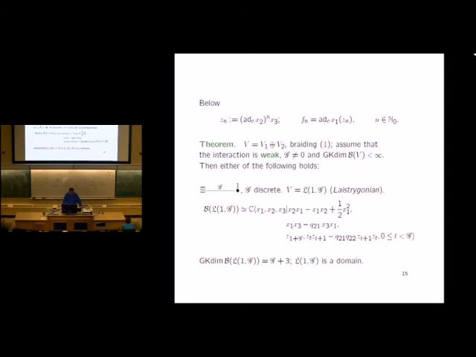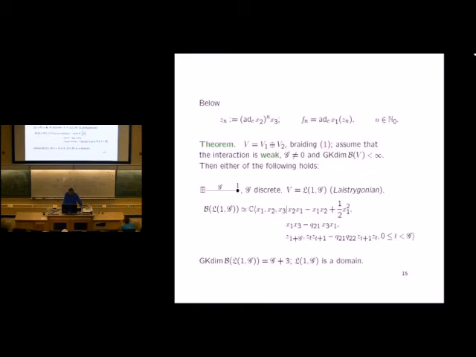Then, assume first that the interaction is weak, and that the ghost is different from 0, because if the ghost is 0 and the interaction is weak, then we are reduced to the remark of Granier. If the Gelfand-Kirillov dimension is finite, then we have one of the following cases. The first case is when G is discrete, and Q22 is equal to 1.